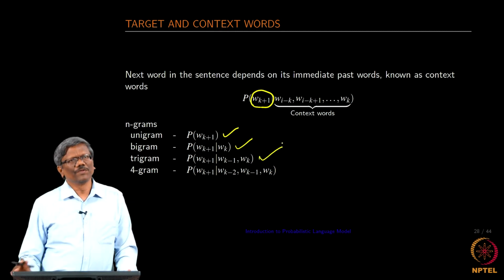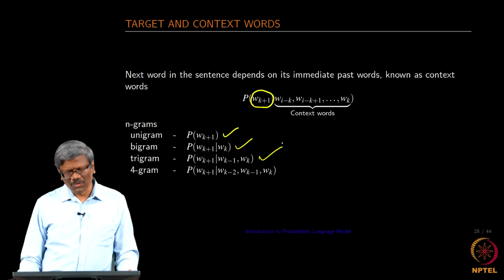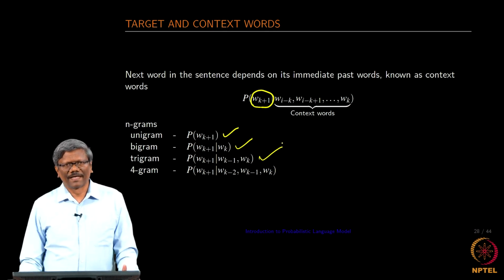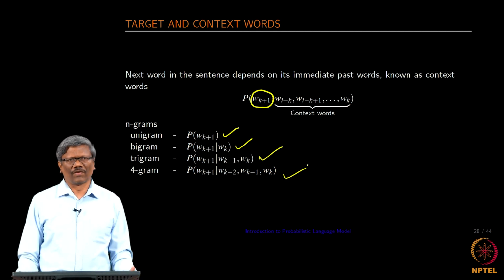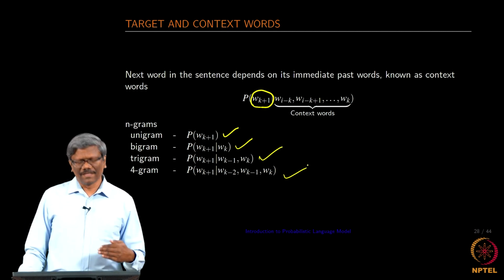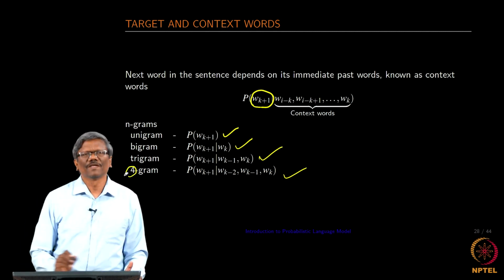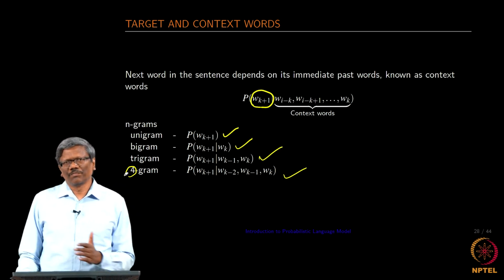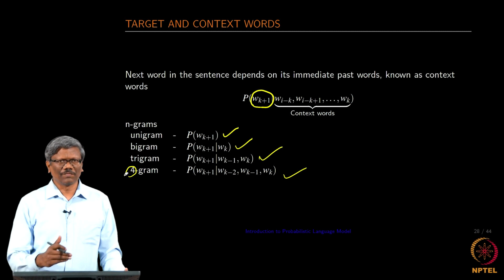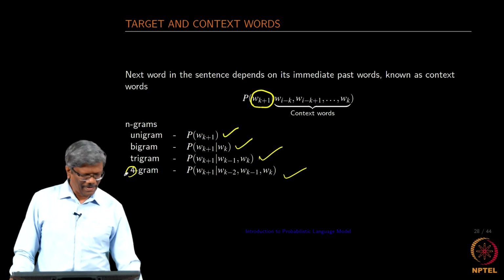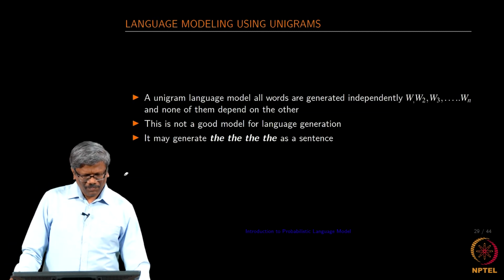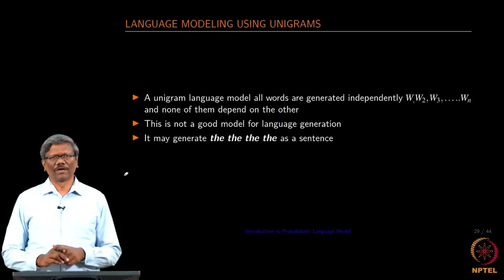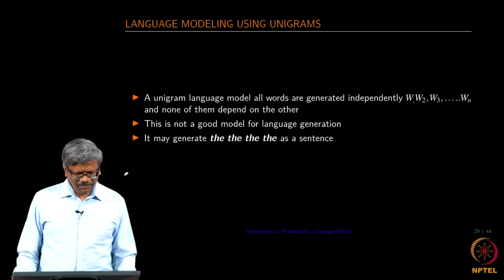Then we can use trigrams; you know how to get trigrams from the corpus, and again fourgrams. You can go on and on. As we increase the number of grams, the accuracy of the sentence that we are forming would be better. We will see how that happens. Now let us look at the language model using unigrams.